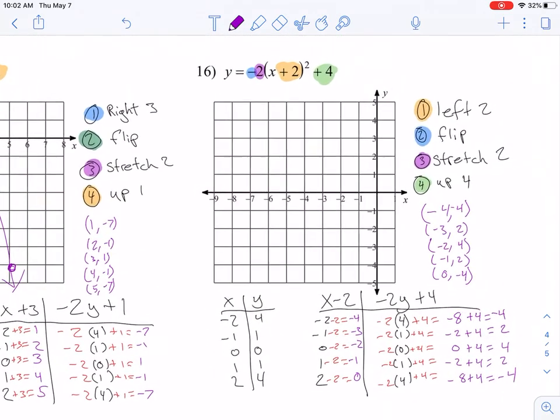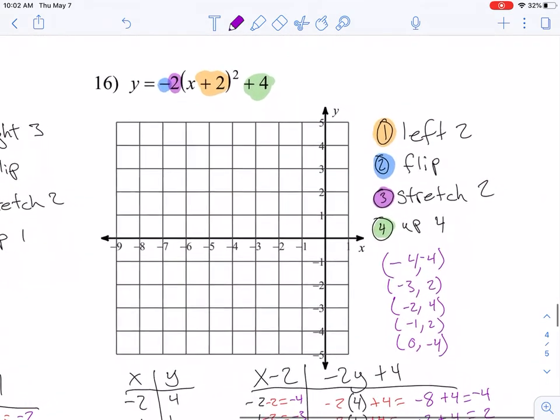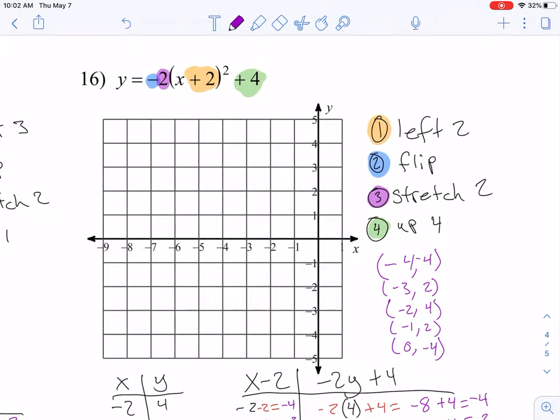Okay. Before I plot these, we know that our graph, if this is the center point, our origin, is going to be moved left 2 from there and up 4. So this is going to be the new center point of our graph. We also know that it's going to be flipped over, so it should be facing down like that.